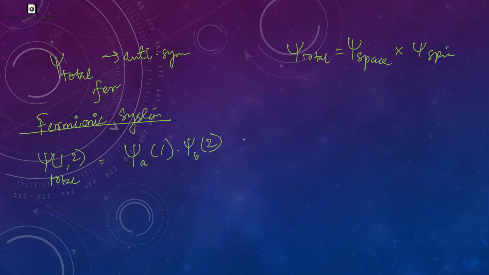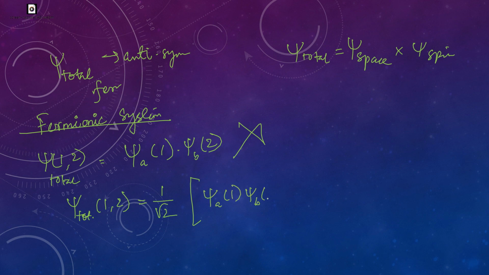Will it be the total wave function? No, it won't be. How will we write it? Psi total 1 2 will be 1 by root 2, that is the normalization factor, times psi A1 psi B2 minus psi A2 psi B1.